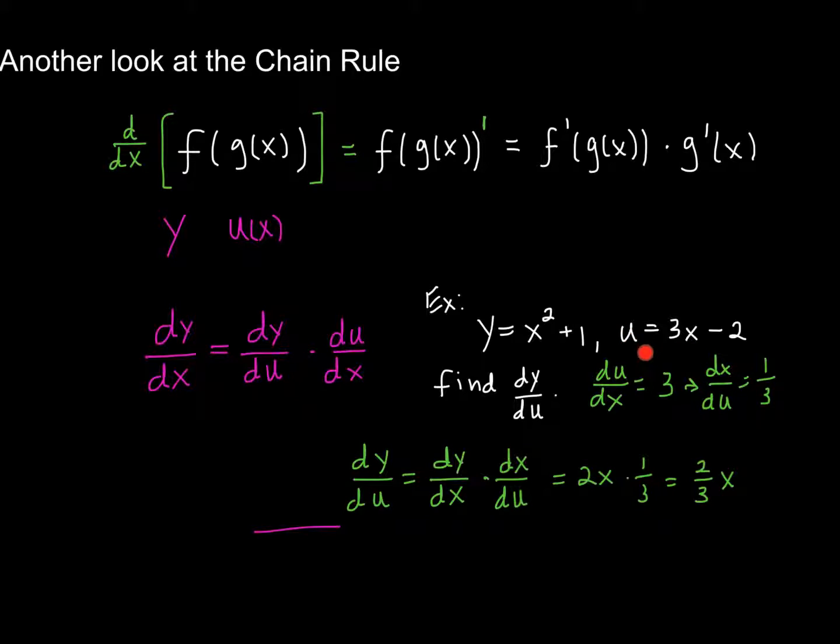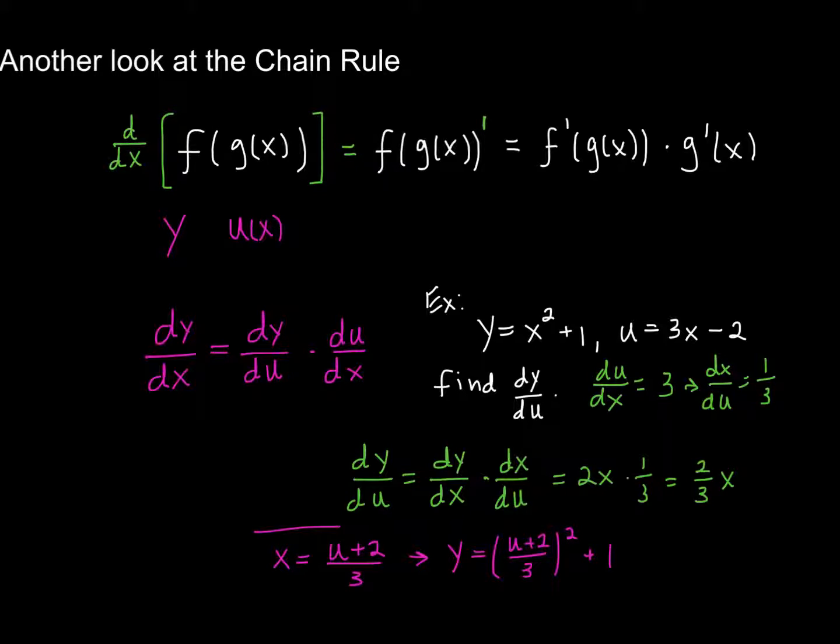So if I'm going to solve this here for x, I'm going to end up with (u + 2)/3. And using this, I can then rewrite my function y. y is going to be equal to ((u + 2)/3) squared plus 1.